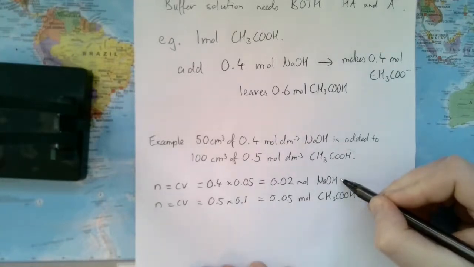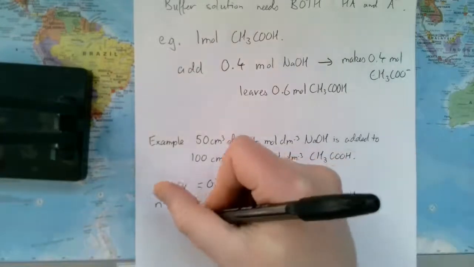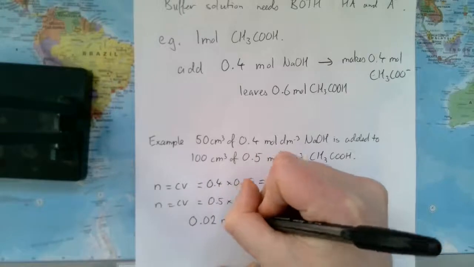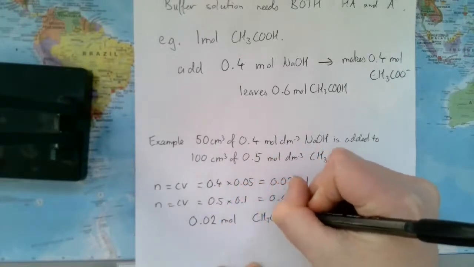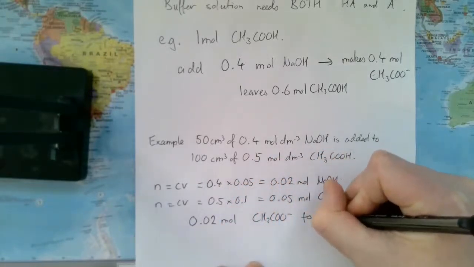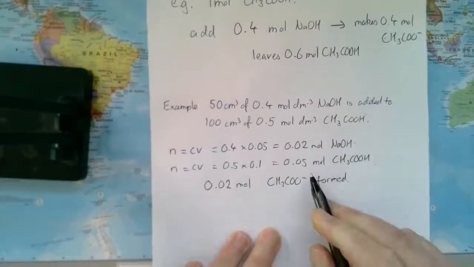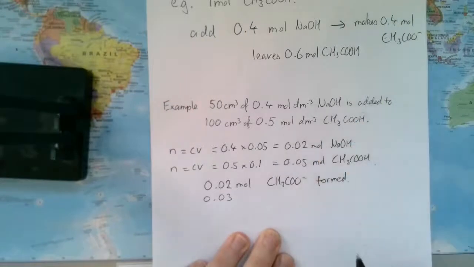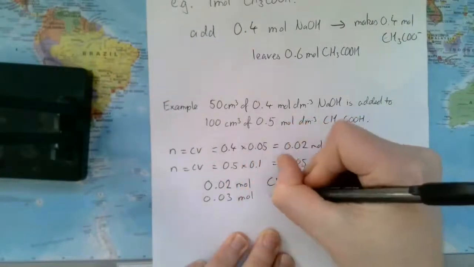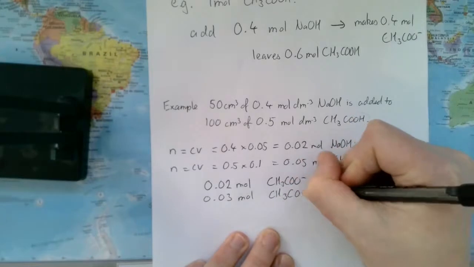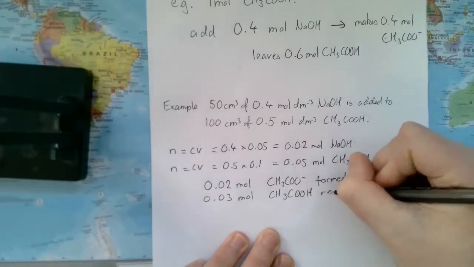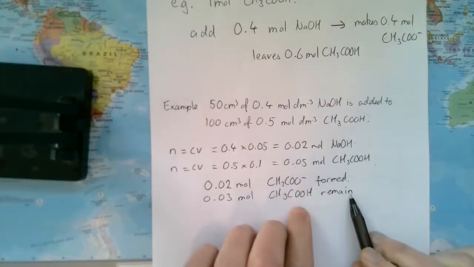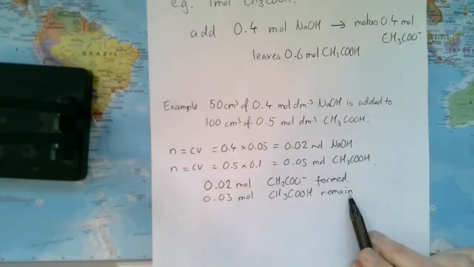All of the sodium hydroxide will react. So what will happen is that 0.02 moles of sodium ethanoate will be formed, and 0.03, that's 0.05 minus 0.02 moles of ethanoic acid will remain.